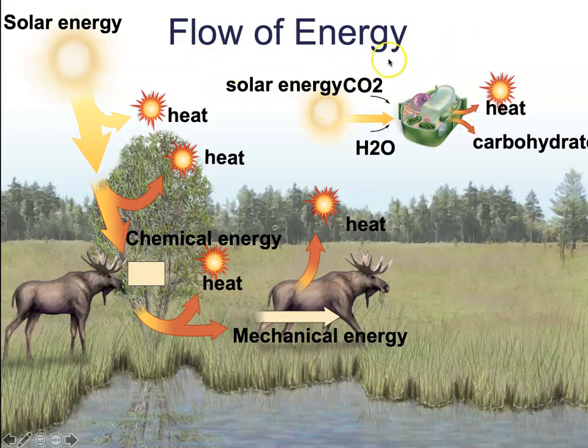But when we convert solar energy into carbohydrates, the plants themselves are going to give off a small amount of heat during that process. Then when animals eat the chemical energy, eat the carbohydrates, and start to move or start to walk, they're going to convert that chemical energy into mechanical energy.